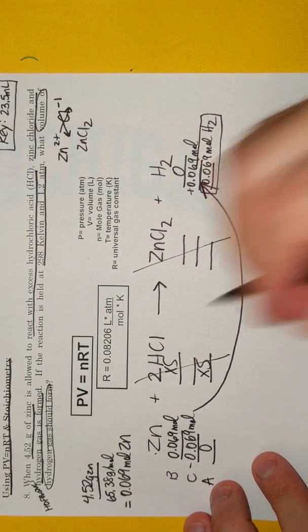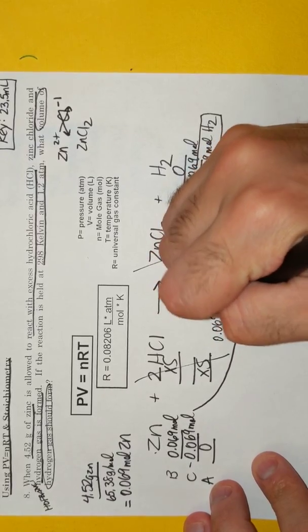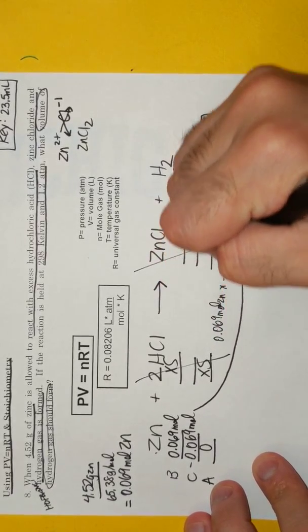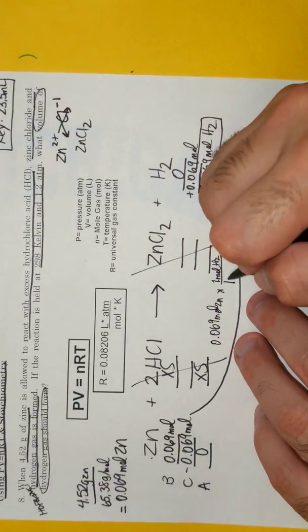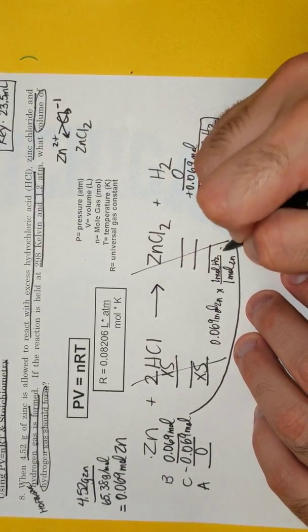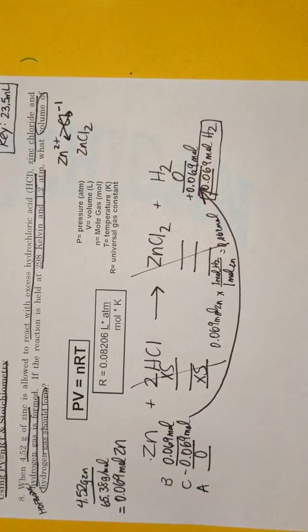If you were unconvinced about how I did that calculation, I literally did 0.069 moles of zinc times 1 mole of H2 over 1 mole of Zn, and I get 0.069 moles. That's very messy, but I did dimensional analysis in a way. Now I know how many moles of H2.